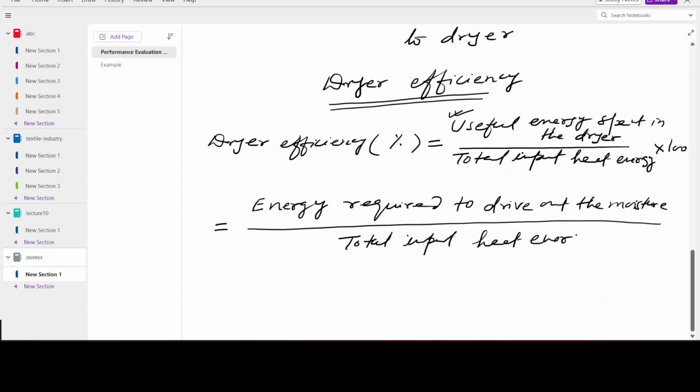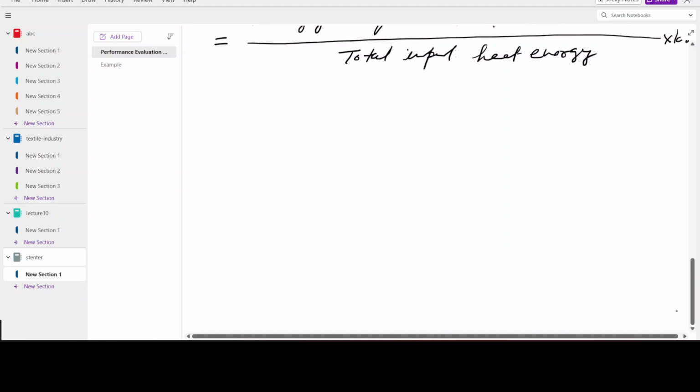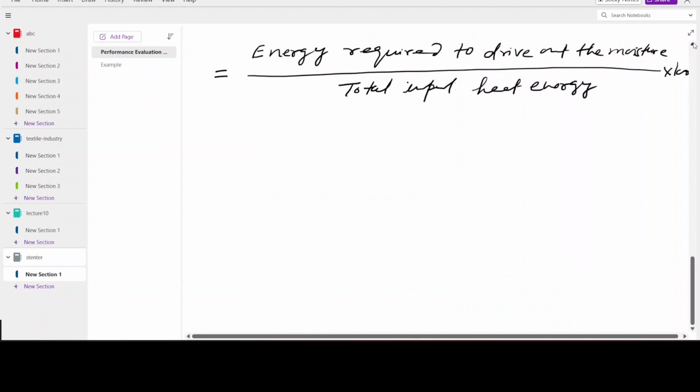In fact, denominator term is very obvious, so we are carrying it out. Now, energy required to drive out the moisture, it is what?